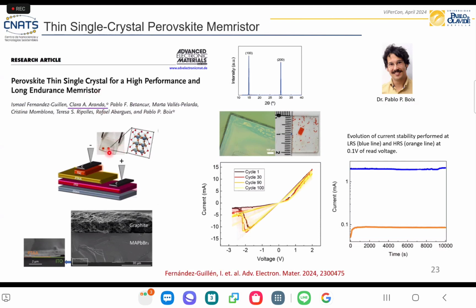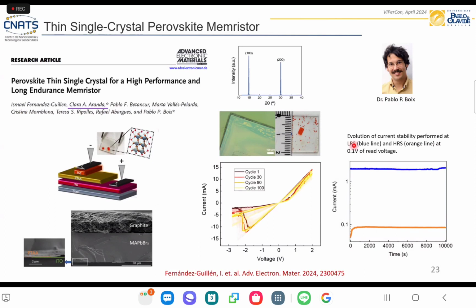So we fabricated a single crystal film on top of a PTA contact, and then used just graphite carbon paste. And this high quality material, as you can see here, gave us the opportunity to have a very high performance memristive behavior with a huge stability.